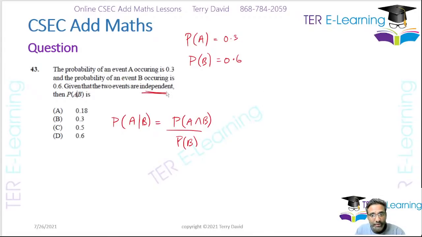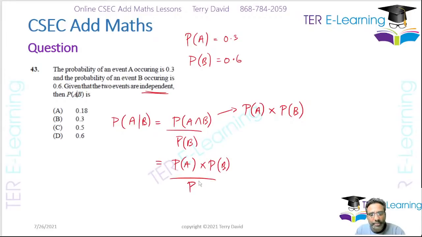When you have independent events, the probability of A intersect B is simply the probability of A multiplied by the probability of B. So we have the probability of A multiplied by the probability of B, all over the probability of B. This is going to cancel with this, and what you end up with is the probability of A, which is 0.3. So your answer for this is going to be B.